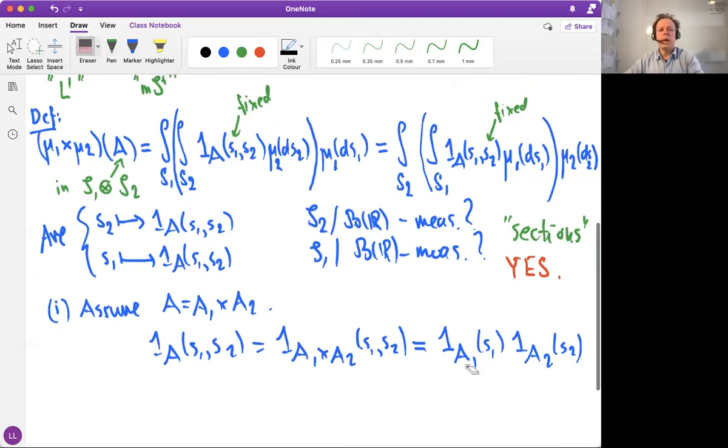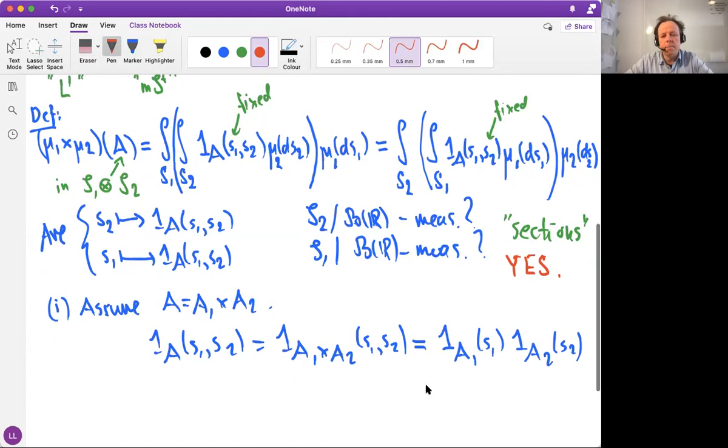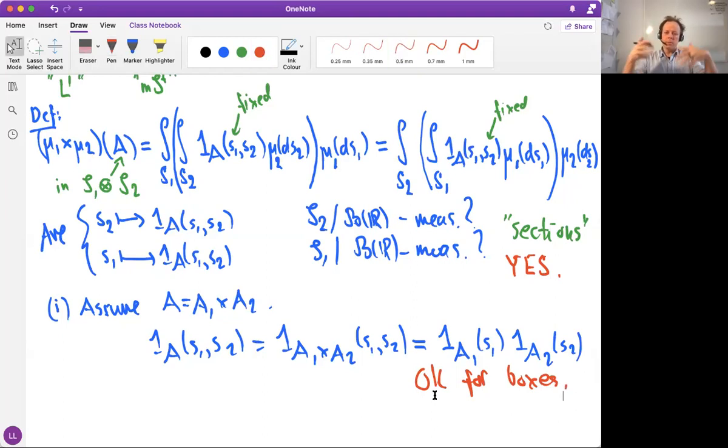So this is the way to check that, okay, for rectangles or boxes, it works. To generalize from boxes to any sets, case two, we need to use the monotone class theorem or something of this sort, which you can check in the proof in the lecture notes.